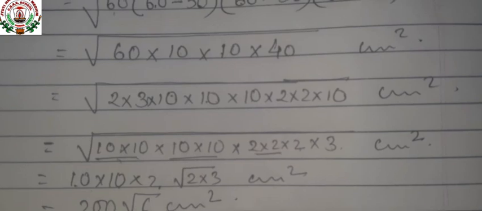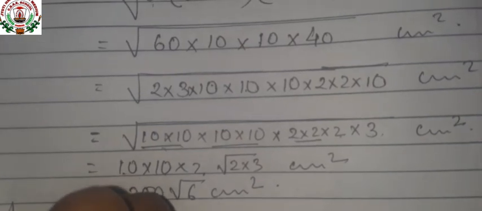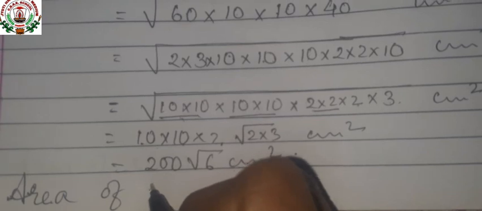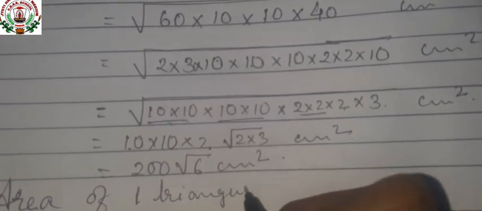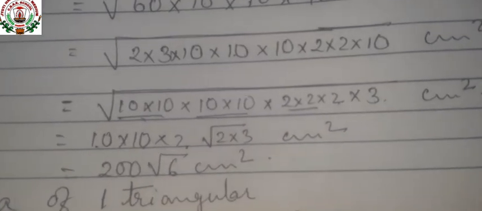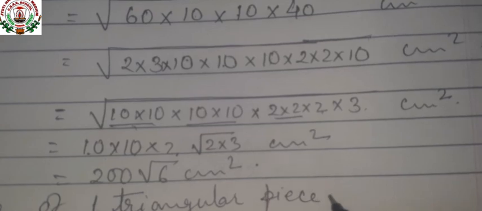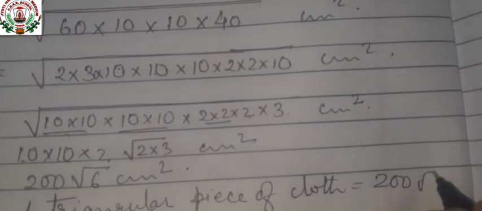That means the area of one triangular piece of cloth equals 200 root 6 cm square.